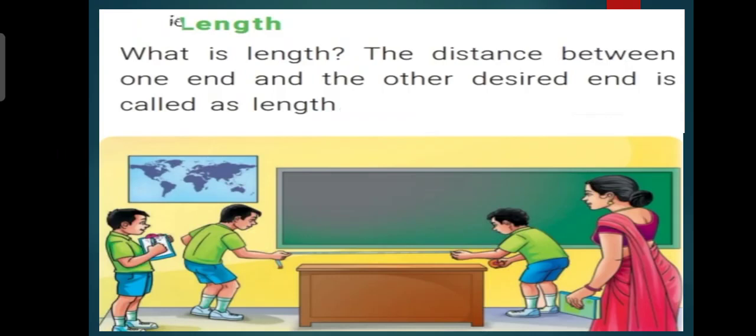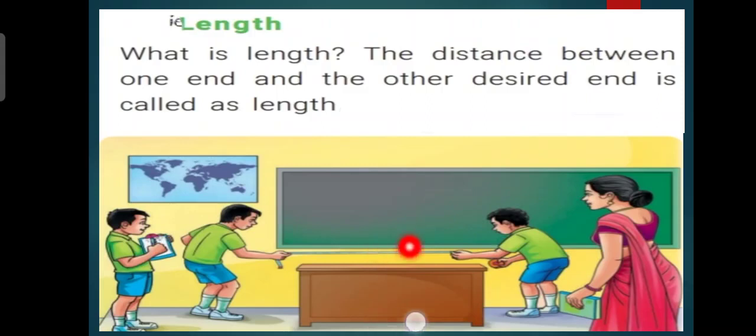Now move on, length. What is length? The distance between one end and the other end is called length. Length is the term used to identify the size of an object.